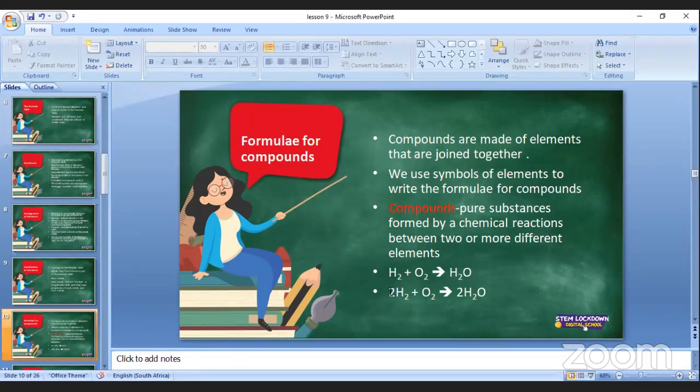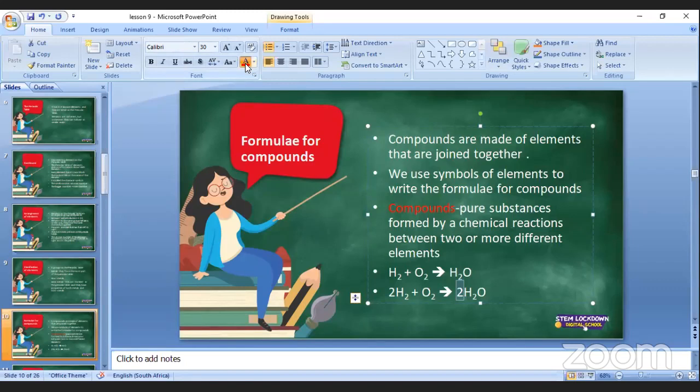Then we put the coefficient 2 here, so now we're going to have 4 hydrogens. On the left we have 4 hydrogens and 2 oxygens. On the right, for our compound, we put the coefficient 2. Let me change the colors of the coefficients.